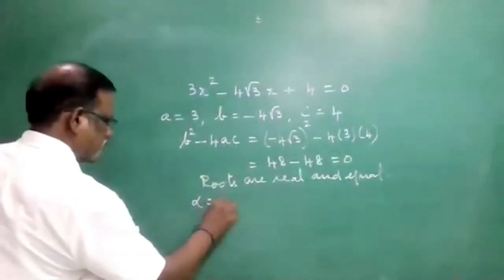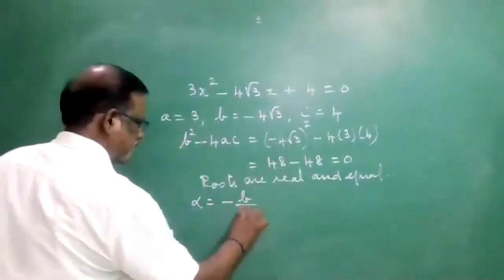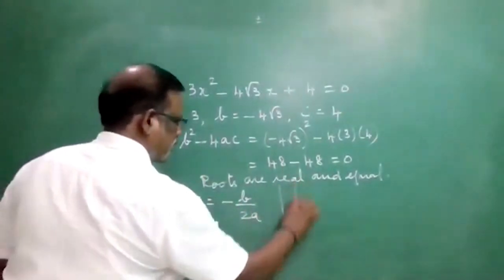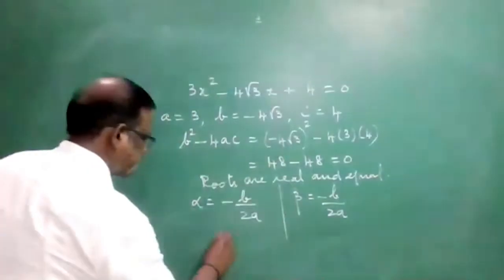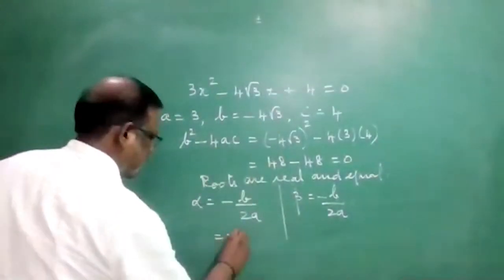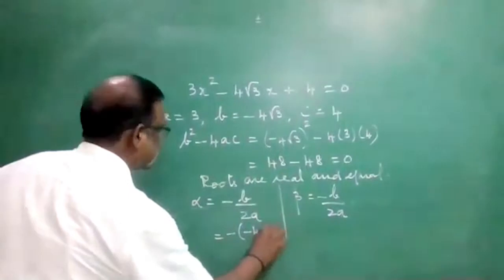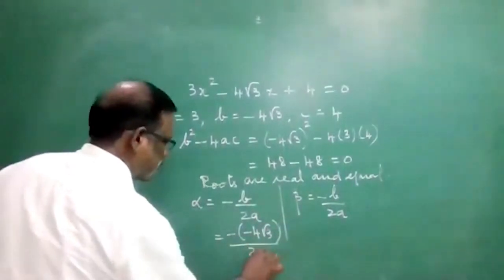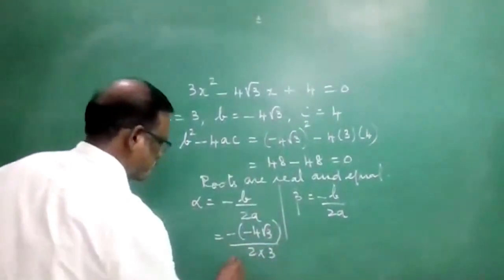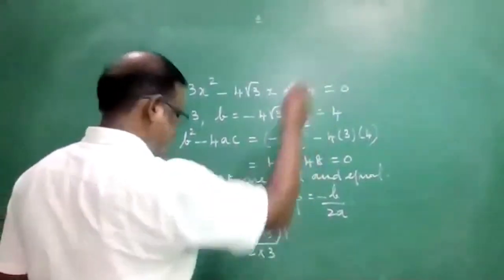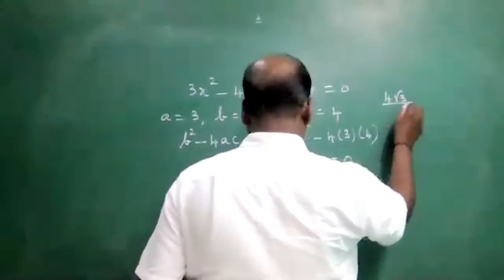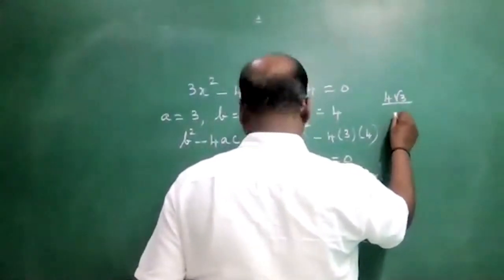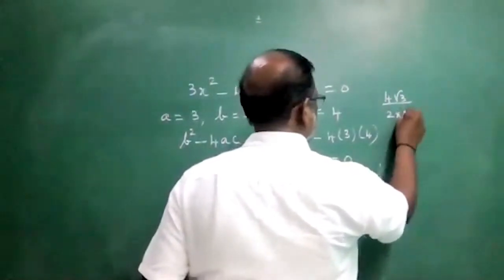So alpha is equal to minus b by 2a, and beta is equal to minus b by 2a. It is minus of minus 4 root 3 by 2 into 3. So it is 4 root 3 by 2 into 3.